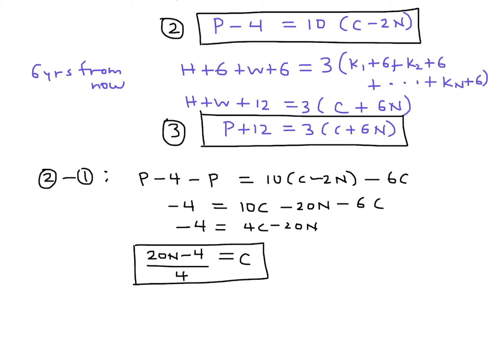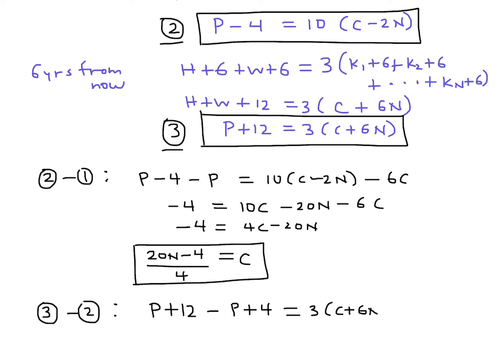Okay, and now let's work with 2 and 3. So let's do 3 minus 2. That should help us. So we have P plus 12 minus P plus 4, because you're subtracting. And this gives you 3C plus 6N minus 10C minus 2N, like that.